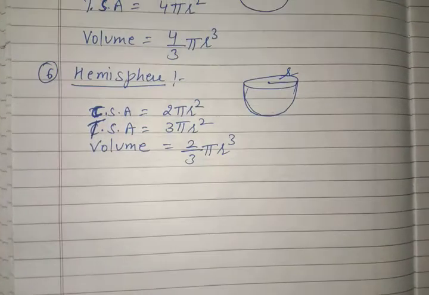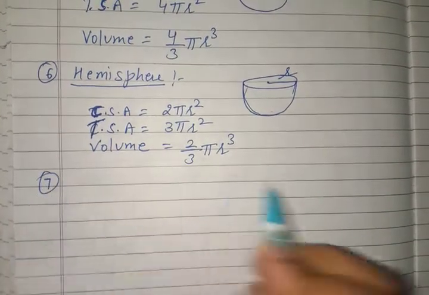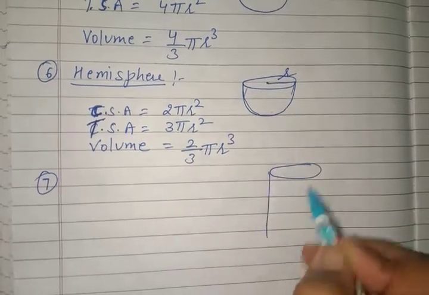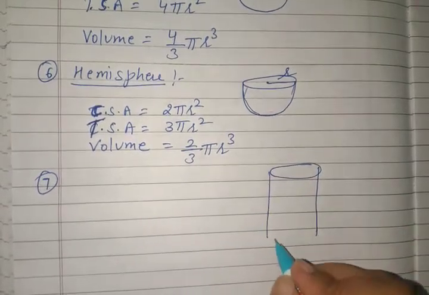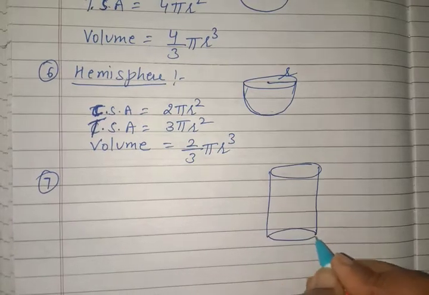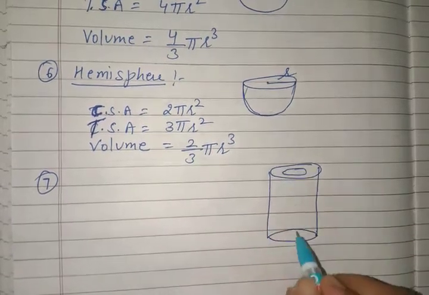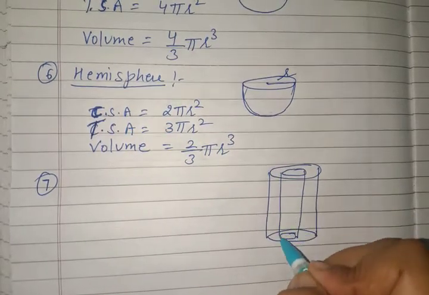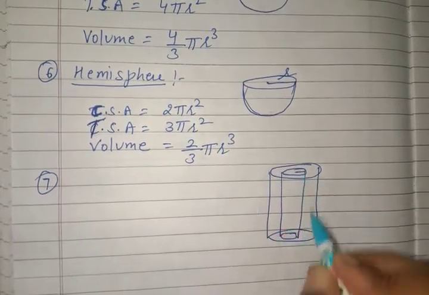And if we consider a cylindrical pipe, means a cylinder inside a cylinder, one cylinder, and inside it one more cylinder. My drawing is not so good.